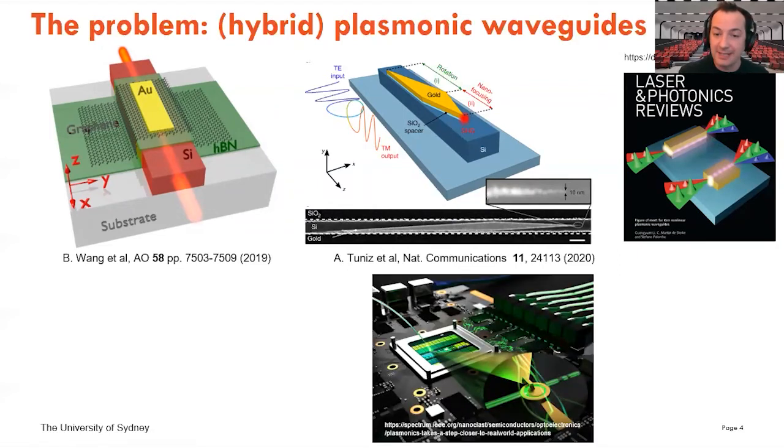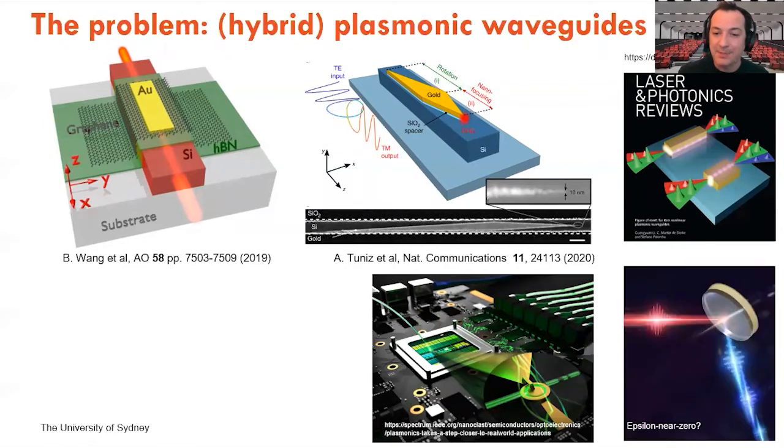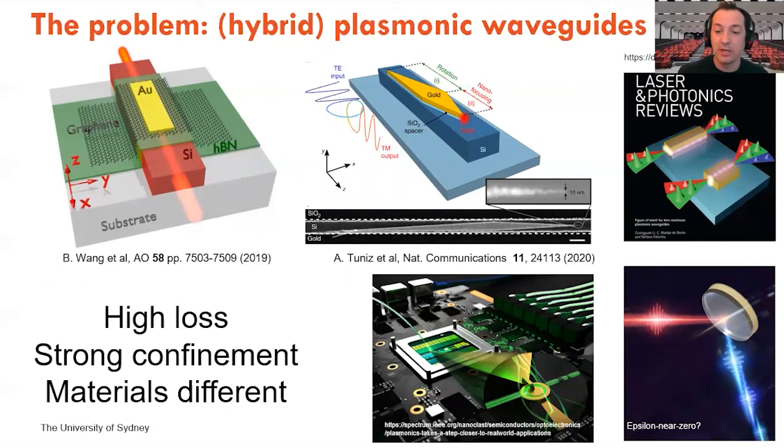Recent years have been marked by an interest in so-called epsilon near zero materials that also exhibit modes that are lossy and tightly confined and have huge nonlinearity. So in these scenarios, we actually find ourselves in the opposite situation to the one I just described. In every single way, there is high loss due to the metals, there is strong confinement due to plasmonics, and all of the materials involved are vastly different.